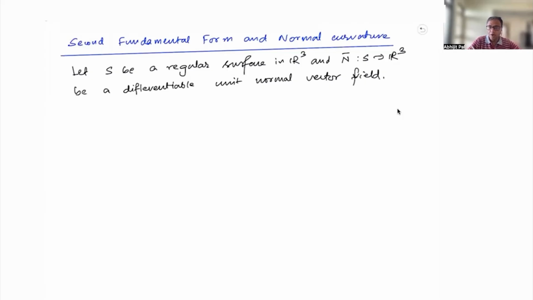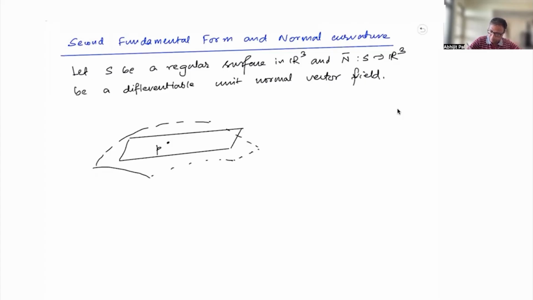Okay. So how have I defined this Gauss map? Suppose this is my surface, and if I take a point P, and if I take the tangent space at the point P, which is TPS, so this N bar P is a normal vector to the surface, and it is a unit normal vector field.